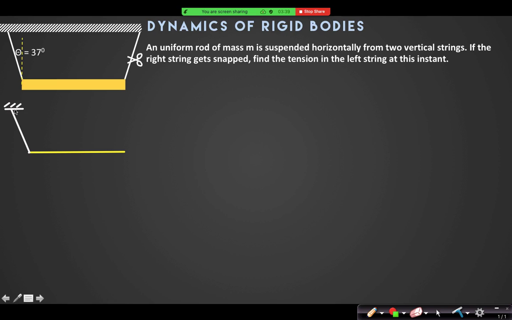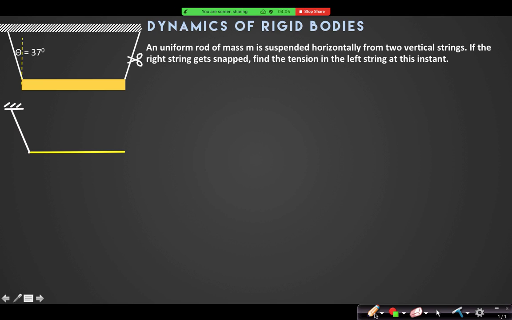We have done similar types of questions where that string was vertical, but here the problem is the string is making a certain angle with the vertical. You can very easily understand that when I release this, the string cannot remain at this position all the time. After some time the string will also move.